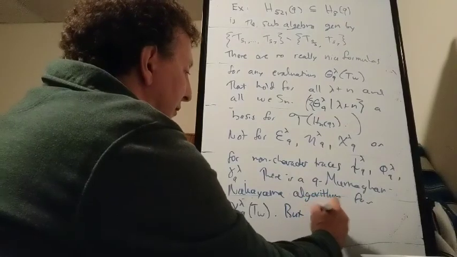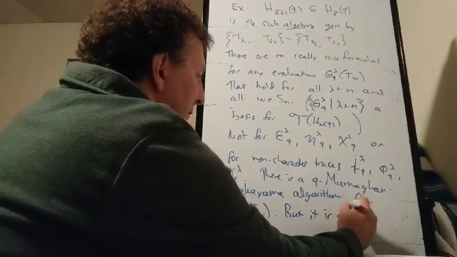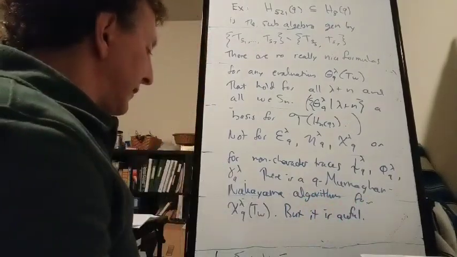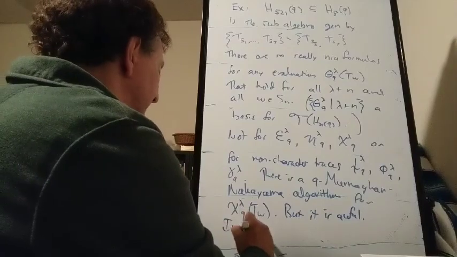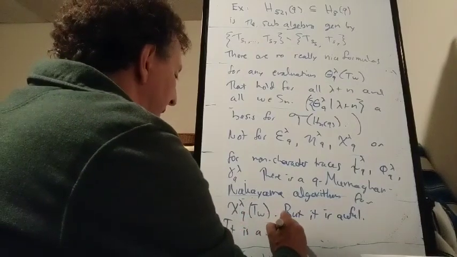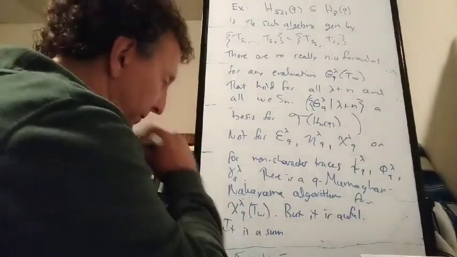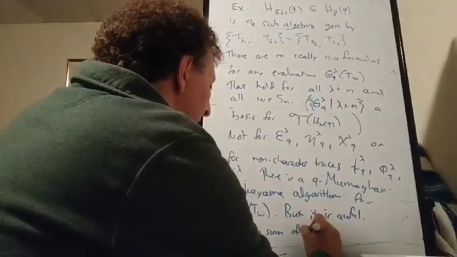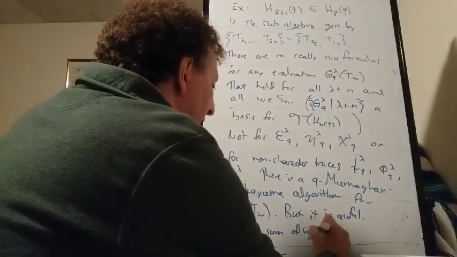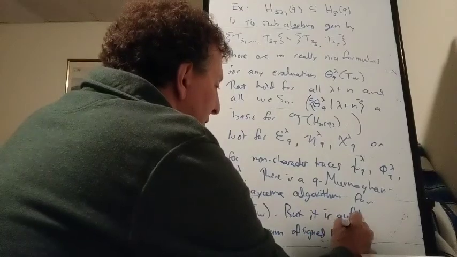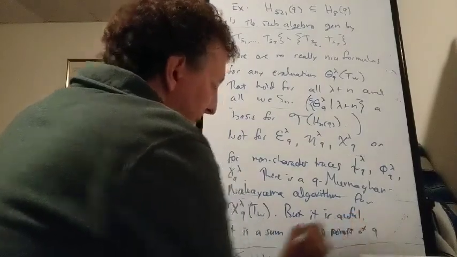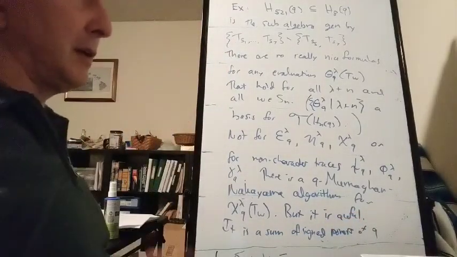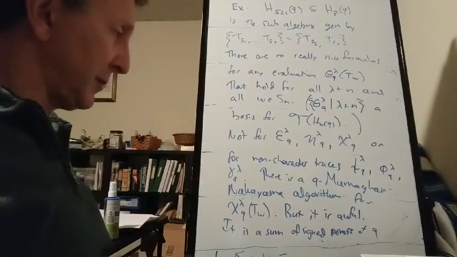But it is awful in the sense that it's a sum of signed powers of q, some positive, some negative, and they're going to cancel out in the middle of the algorithm.